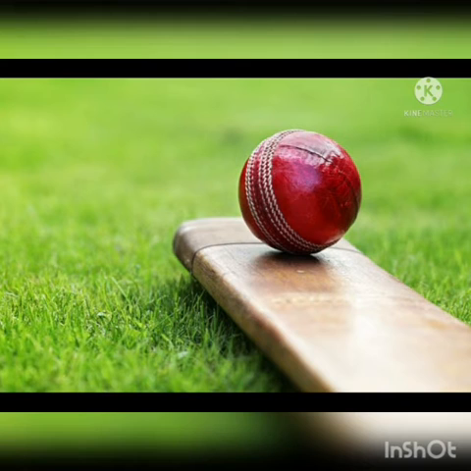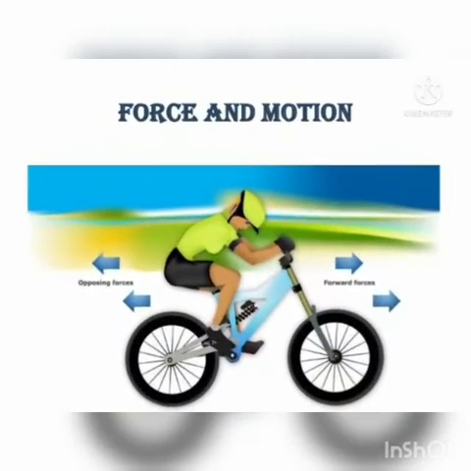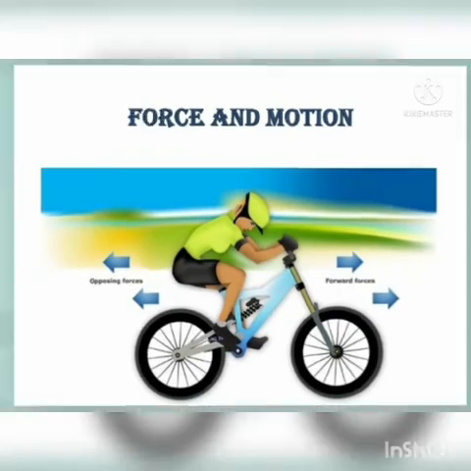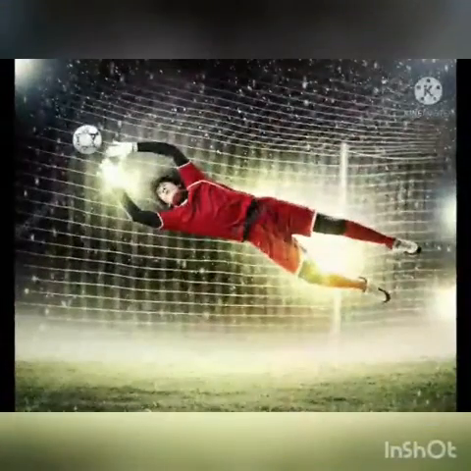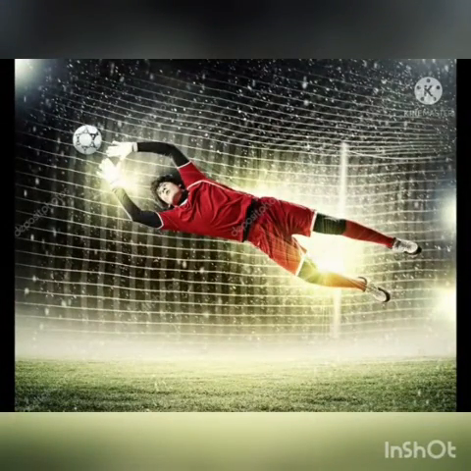If the force is applied in the direction opposite to the direction of motion of the object, the speed of the object decreases. Just as we saw earlier, when the goalkeeper applies force on the moving ball, it either stops or gets deflected.